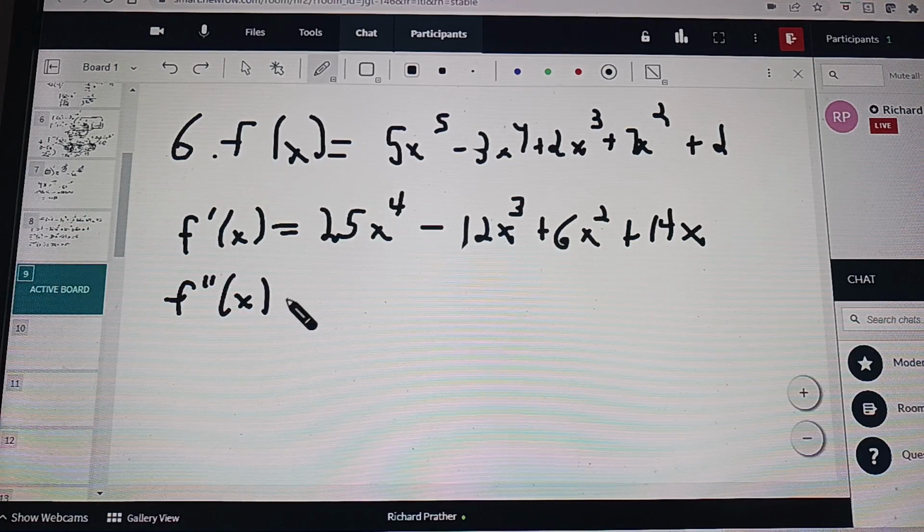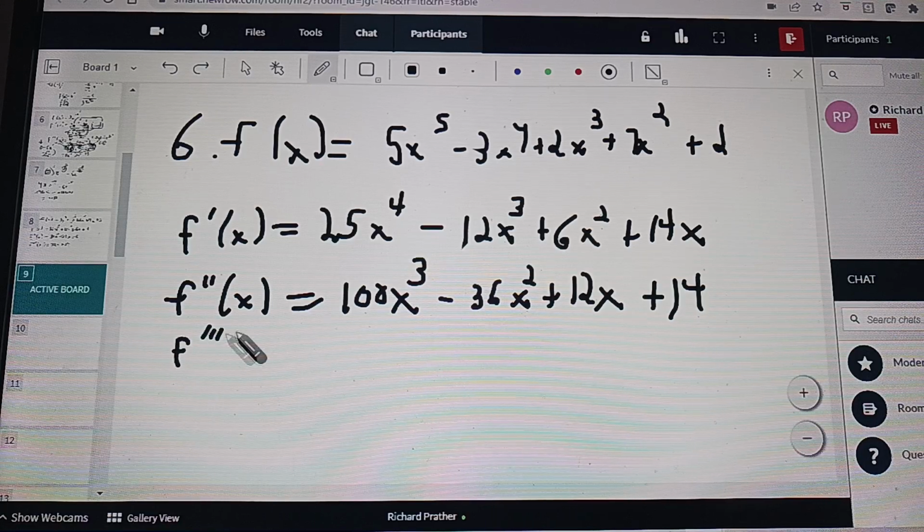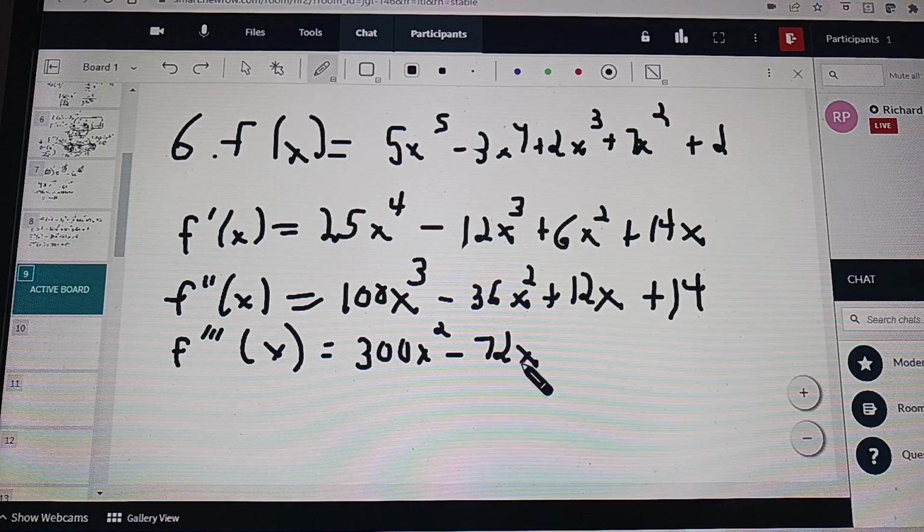Do it again, second derivative. 4 times 25 is 100, x to the third, minus 36, x to the second, plus 12, x to the first, plus 14. Now the third derivative and first answer here. 100 times 3 is 300, x squared, minus 36 times 2 is 72, x to the first.